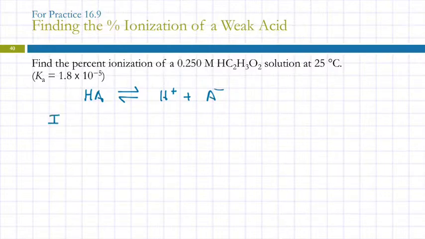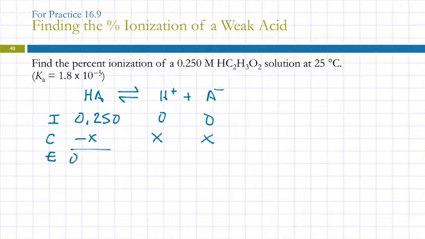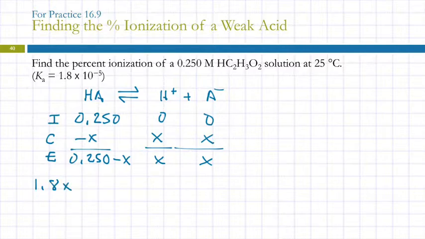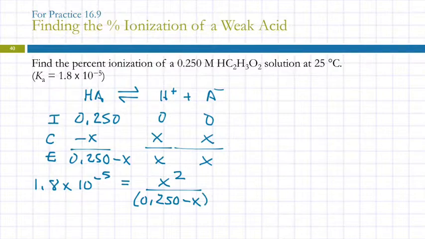Initially we've got 0.250 molar, 0 of this, 0 of that. The change is minus X and plus X. At equilibrium, we've got 0.250 minus X, X, and X. The Ka should equal X squared over 0.250 minus X.